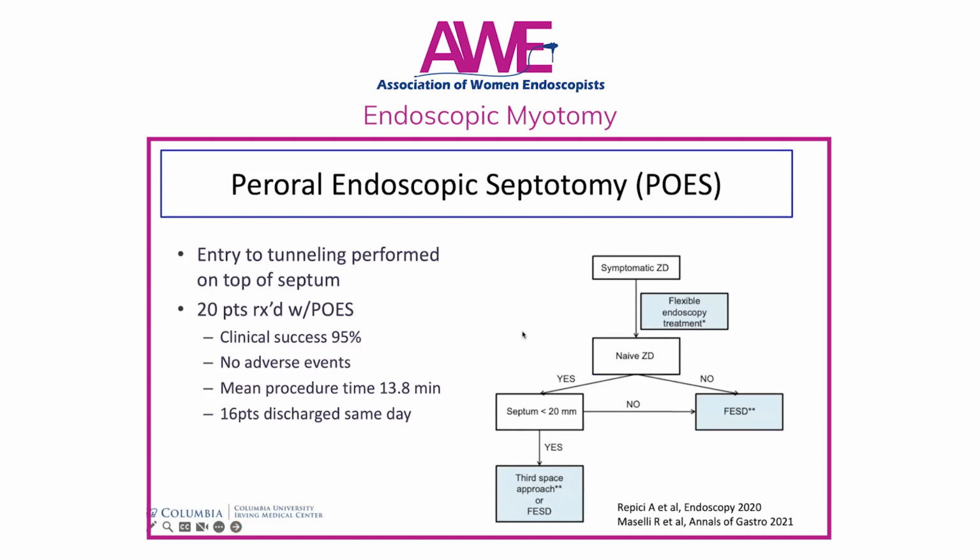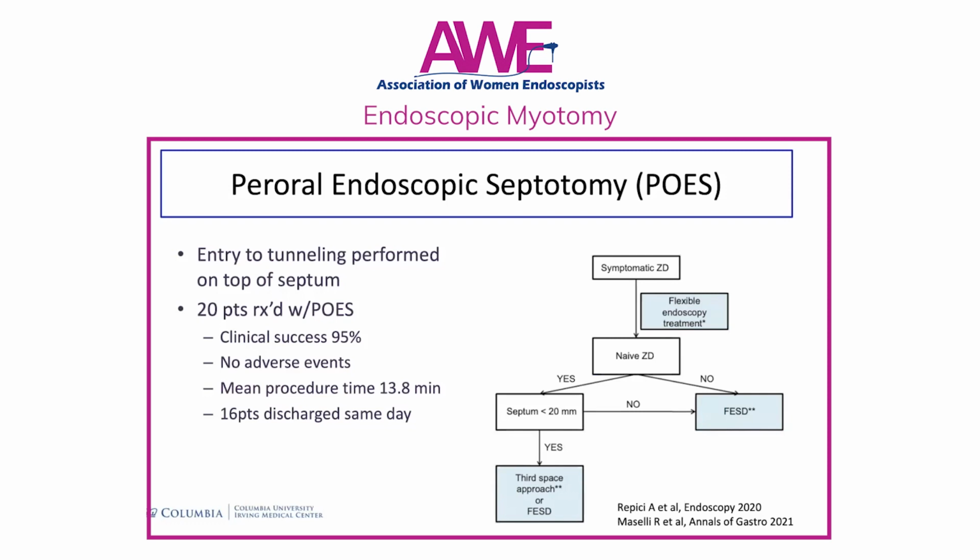In an interesting study done by the Italian group out of Humanitas, they tried to create an algorithm for which patients should undergo POES versus Z-POEM versus perhaps flexible endoscopic septotomy, and broke it down into those that had a naive diverticulum, in which nothing had been previously tried and there was no scar tissue.